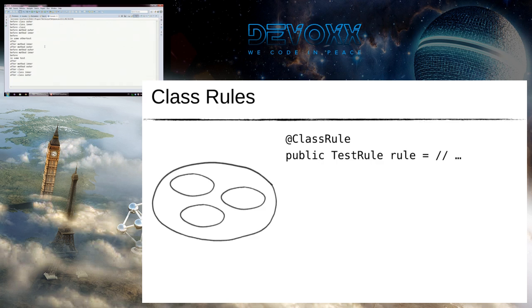Then there comes the before class from JUnit itself, and then for each test we get a block of first the rules, then before, then the actual test, and then all the after in reverse order.